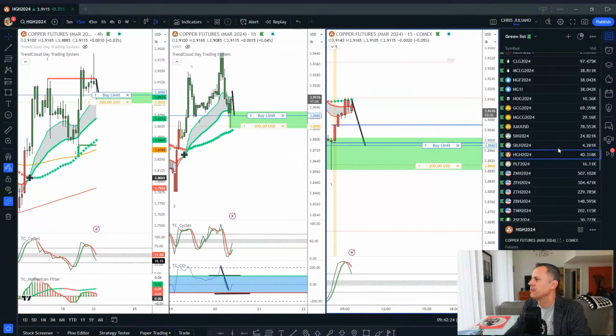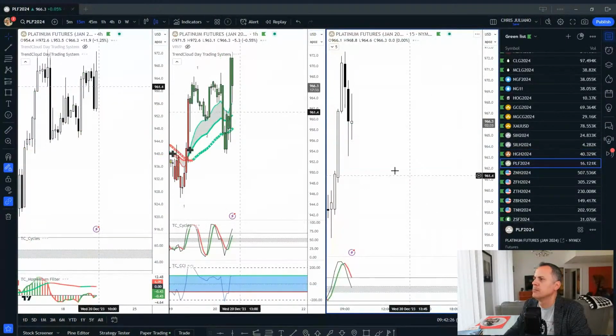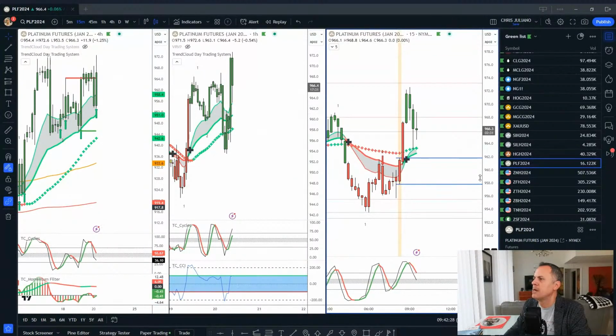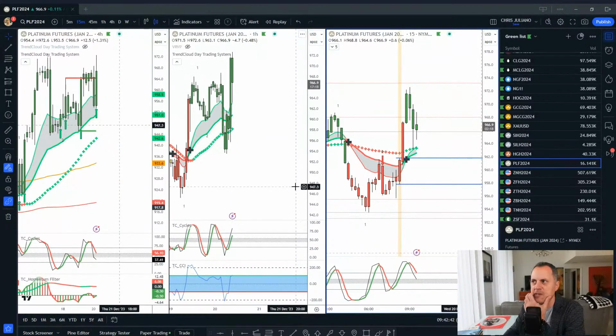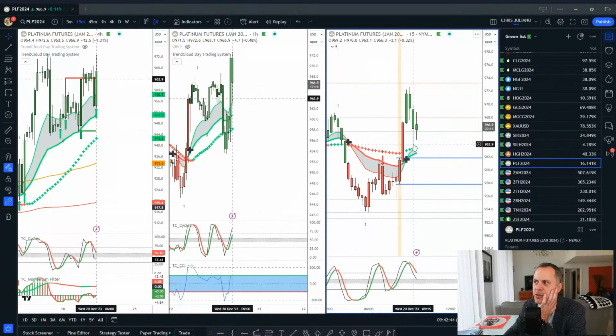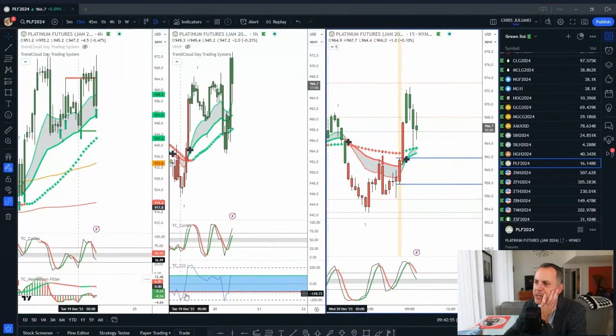What else? Platinum. Nice. See how platinum did break below, and we're just starting to break above. Now, here's the opposite, right? We've got an uptrend on all three time frames, a breakout to the upside, and we're pulling back into an upward cycle and upward momentum, right?